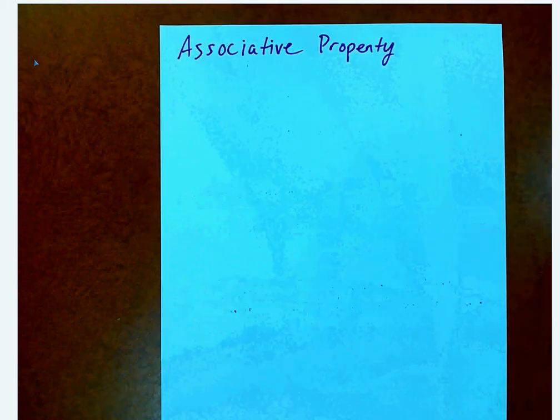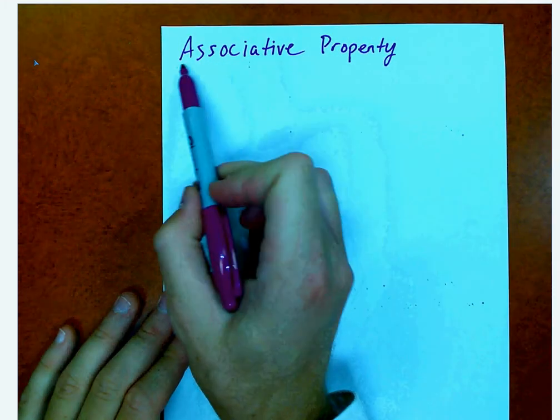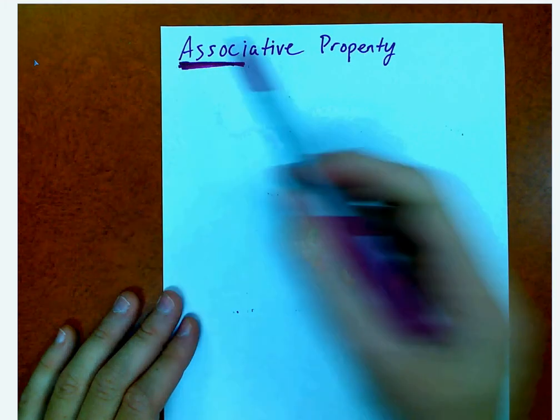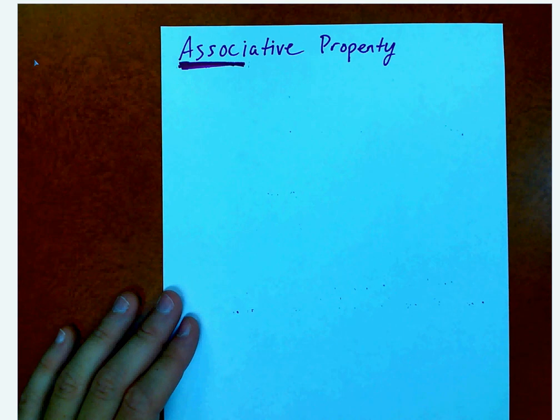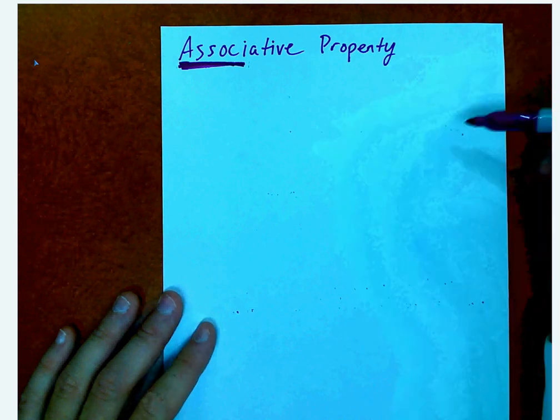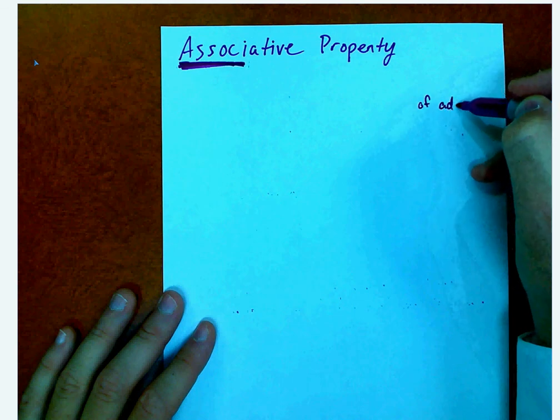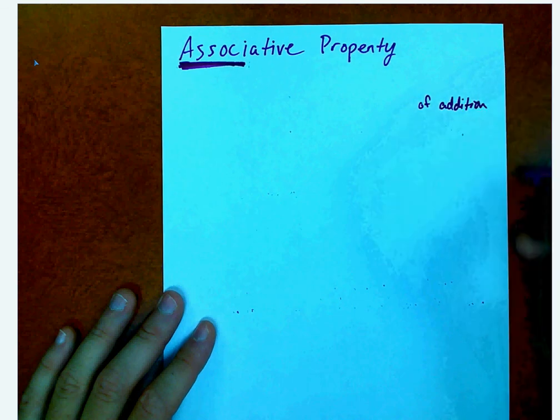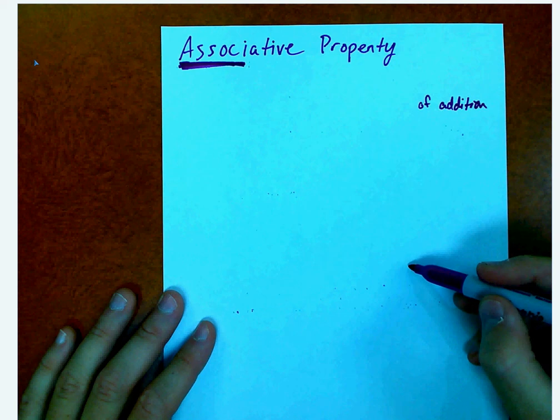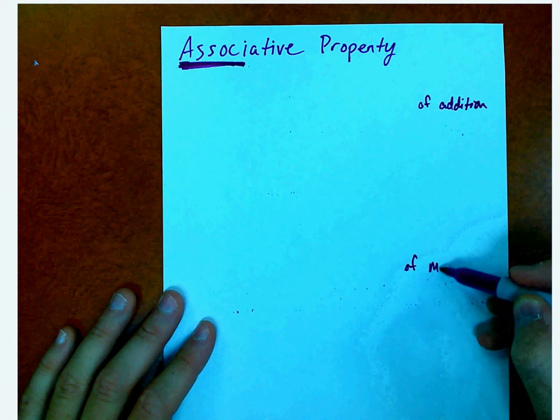Finally, your last property, which many people get confused with the commutative property sometimes, is the associative property. Just like the commutative property, there is an associative property of addition and an associative property of multiplication.